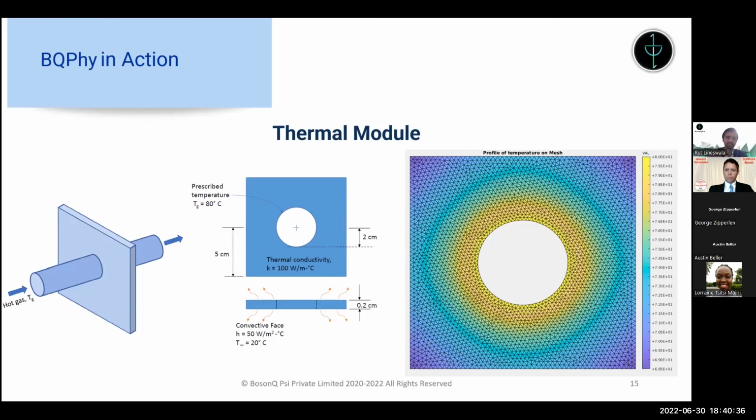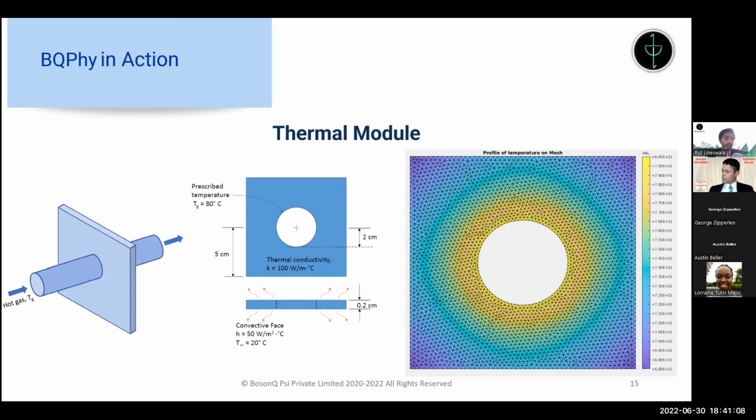And so you put this type of exchanger in the middle, and that exchanger is, let's say it's made of copper, then it can kind of take the heat out of the main, let's say, aluminum tube. And so on the right hand side is the solution that we get, and this actually was done on a quantum simulator. And so with all of this, we can showcase readily that we have the capability of doing it on quantum inspired approaches, quantum simulators, as well as on NISQ based devices.